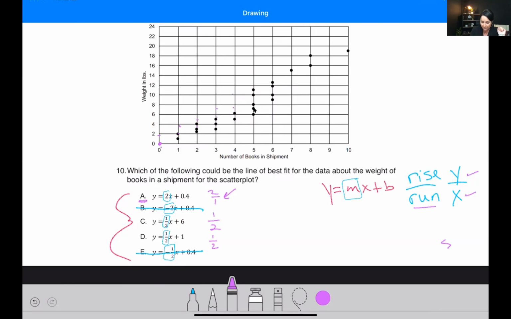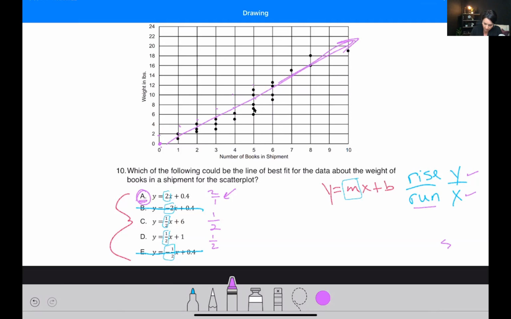And notice it follows the pattern and brings me here. Now let's just try to eliminate. So I'm going to choose A and move on with my life if it's test day, because I want to get out of this question. If this is something that makes you crazy and it's really hard to do, you're going to want to choose your answer and move on and work on the questions that you're really good at and grab those answers there. But for the sake of this presentation, let me go ahead and eliminate C and D.